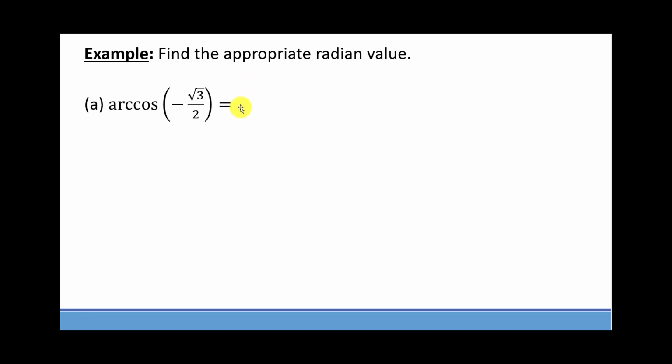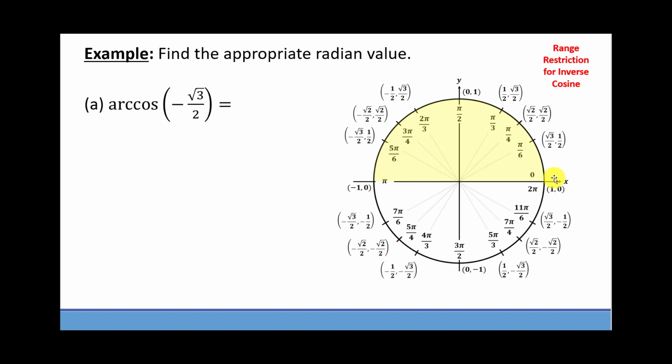But this angle measure has to be restricted to a certain interval. For cosine, it's the interval from 0 to pi. In other words, angles from quadrants 1 and 2, between 0 and pi.